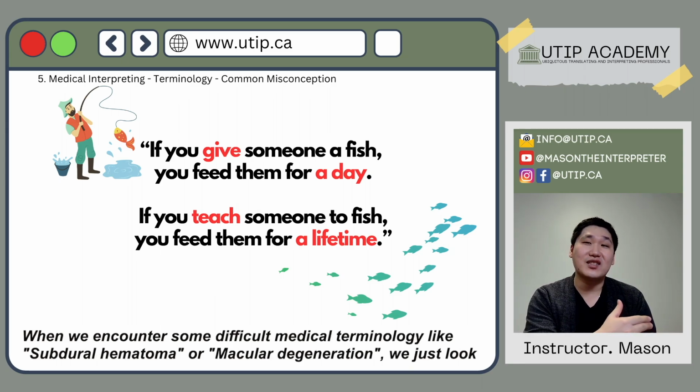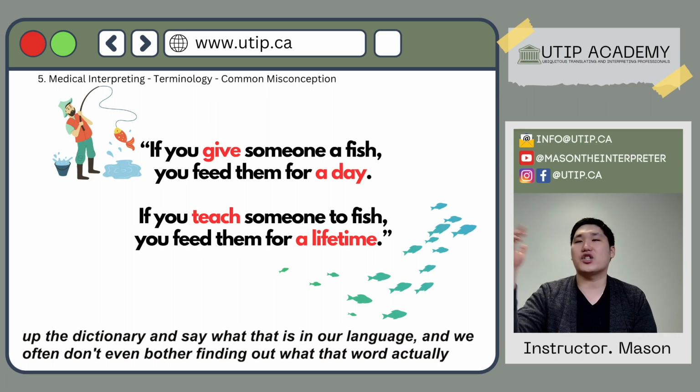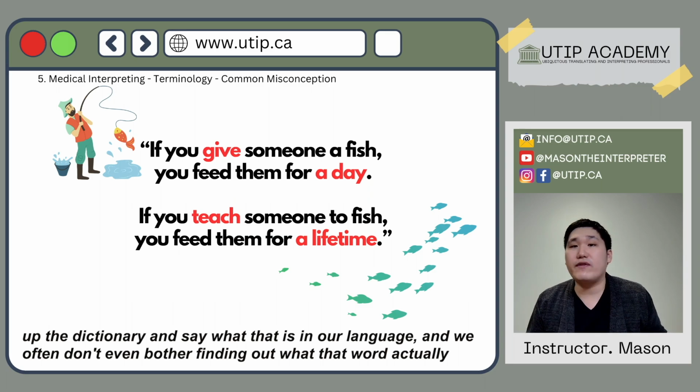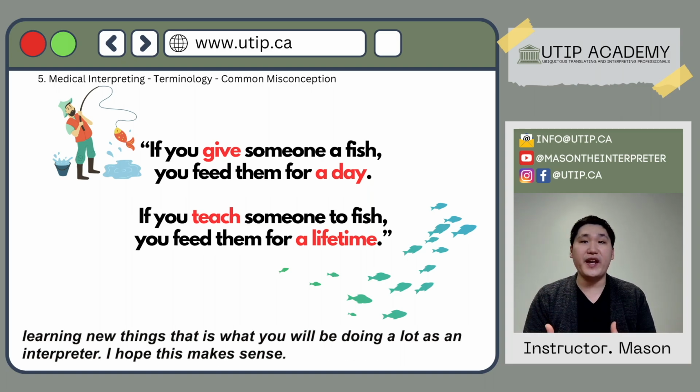When we encounter some difficult medical terminology like subdural hematoma or macular degeneration, we just look up the dictionary and say what that is in our language, and we often don't even bother finding out what that word actually means or what it is about. So I can tell you this habit of being curious and always looking up, doing the research, learning new things, that is what you will be doing a lot as an interpreter. I hope this makes sense.